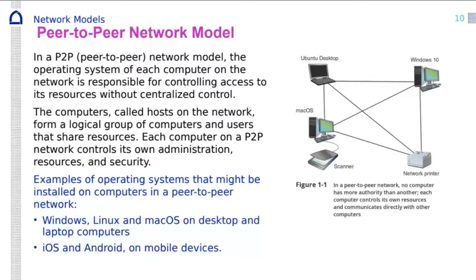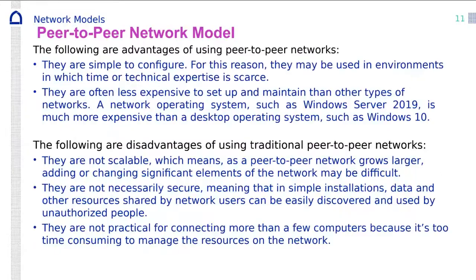The advantages and disadvantages of peer-to-peer network are here in slide number 11. By the way, slide 12 is repeated, so you can ignore it. The advantages of peer-to-peer is they are simple. You can just share the resource. So even someone who's not an expert in networking can share their file or printer.